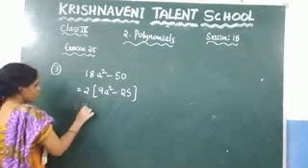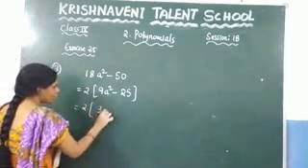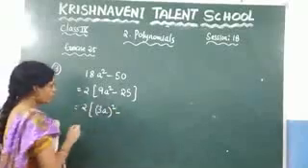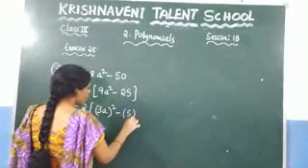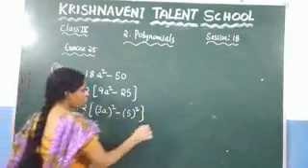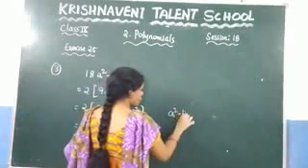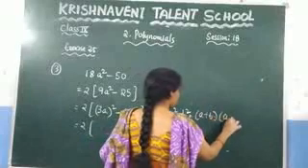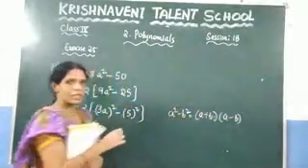Now this one you can write as 3a whole square minus, you can write 25 as 5 square. So write it here, 2 into 5 square. Now it is in the form of a square minus b square. So what will be the identity here? a plus b into a minus b. Now solve it here.